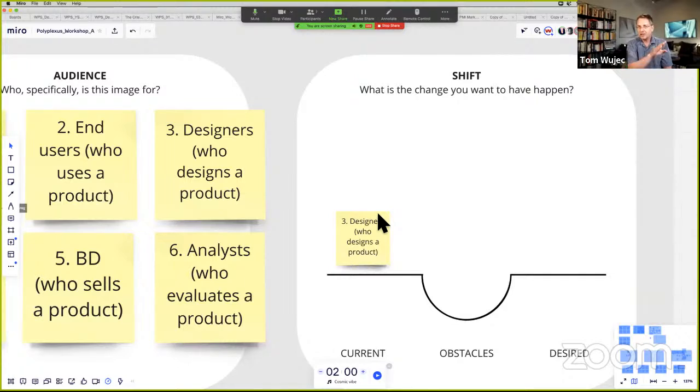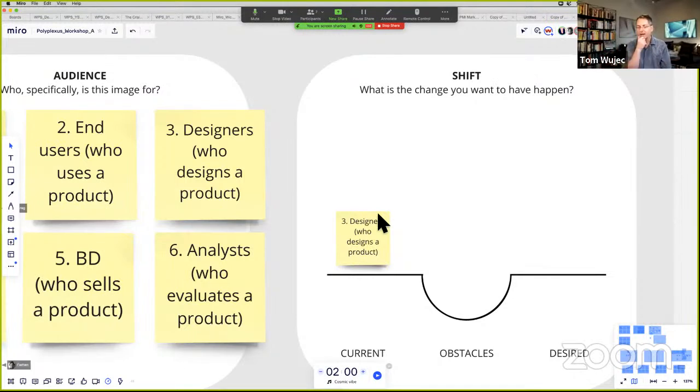So what you want to do is to really think about your user and where they're at from your perspective, even better from their perspective, and then figure out where you would like them to be. So designers who design a product from not thinking about the nomenclature to thinking about the nomenclature, from not having a standard toolkit to adopting a standard toolkit.